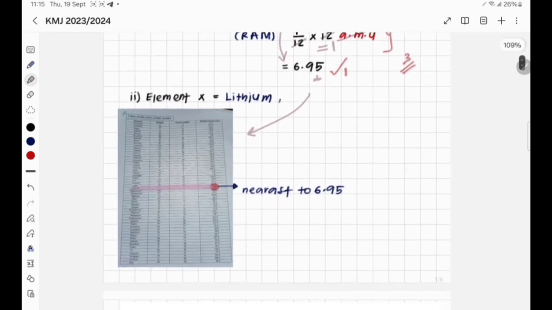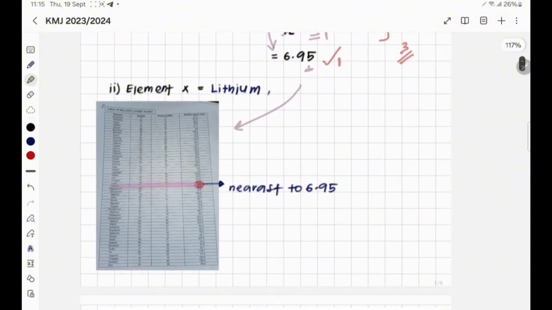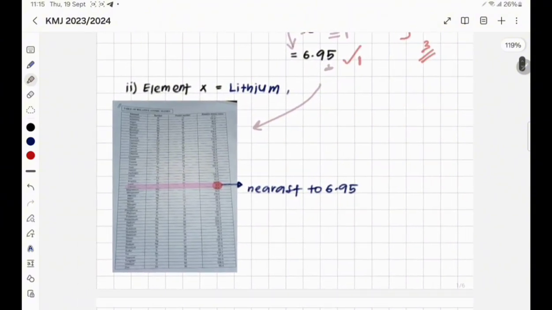So kita just kena cari which relative atomic mass adalah terdekat, nearest to 6.95. So that would be 6.9, which is lithium punya. So it means element X is lithium. So jawapan ni kita akan dapat 1 markah. So for this question, total adalah 4 markah.